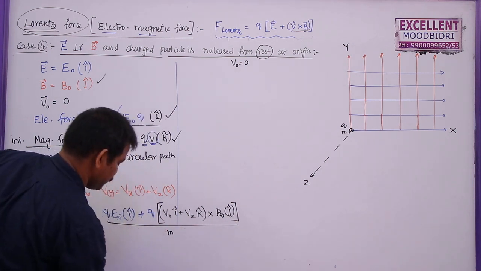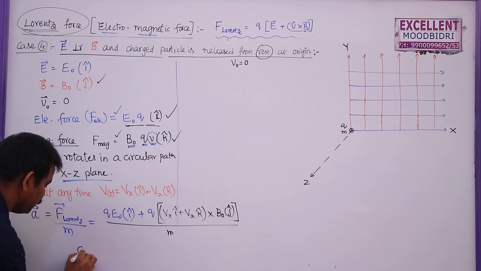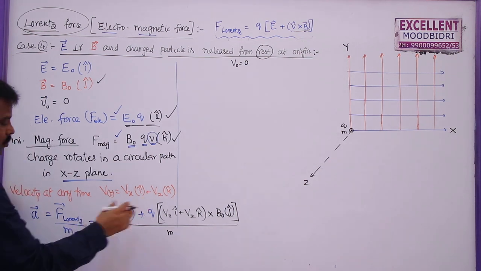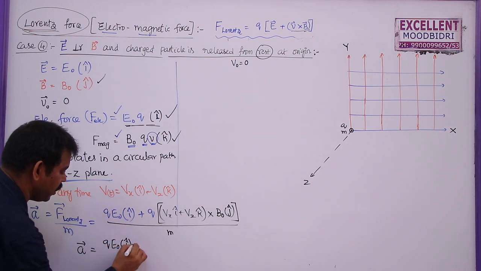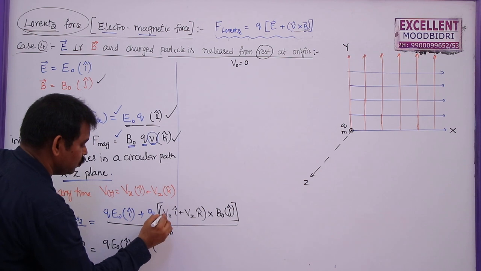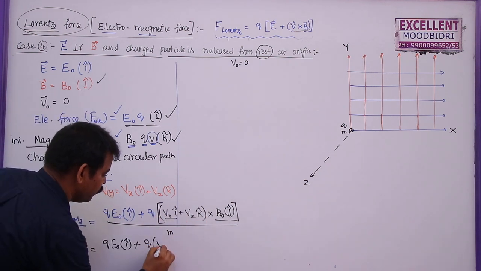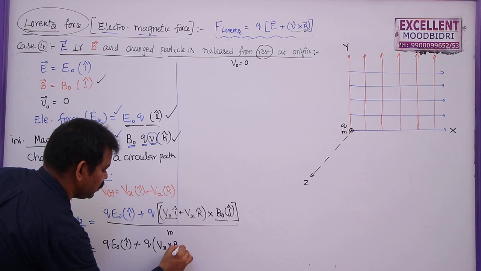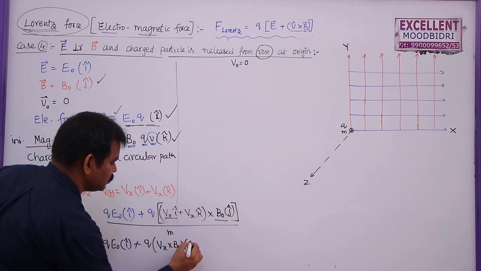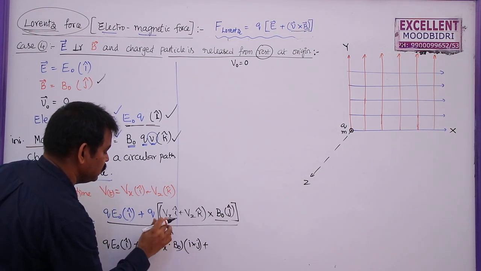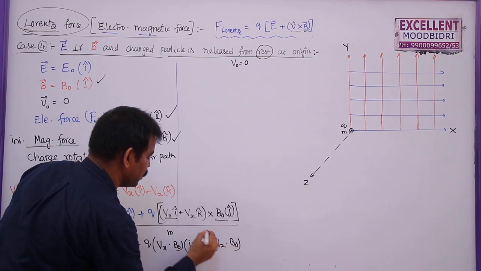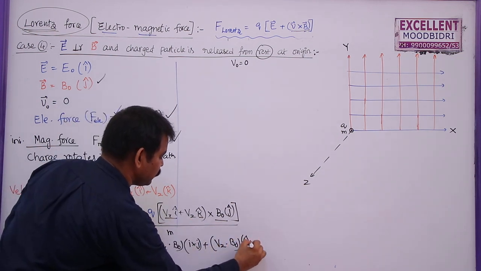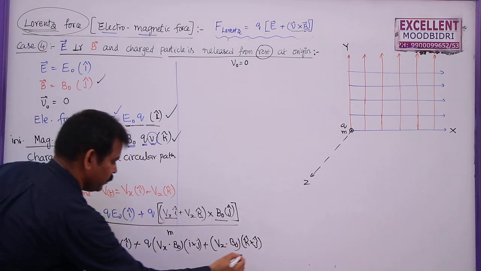So this is the expression divided by m, this is the mass. Now, what is a bar? A bar is given by, now I can substitute these values. This will be Q E naught i cap plus Q into Vx times B naught, and the product is i cross j, plus Vz into B naught, k cross j, divided by m.